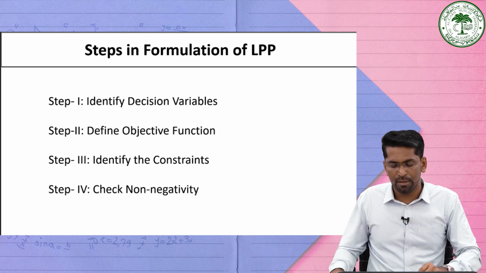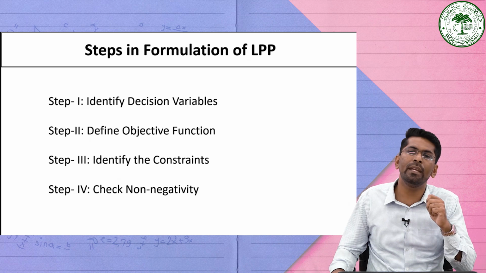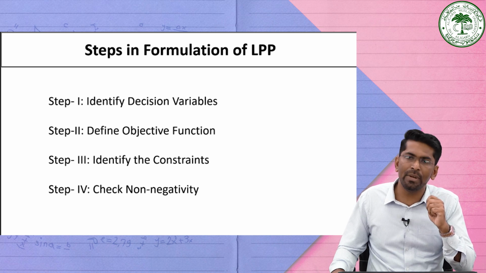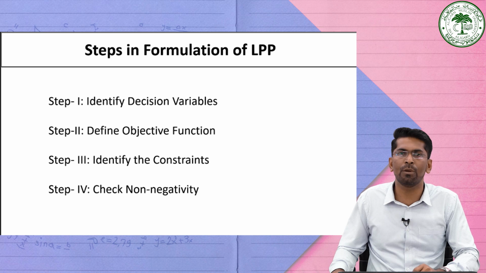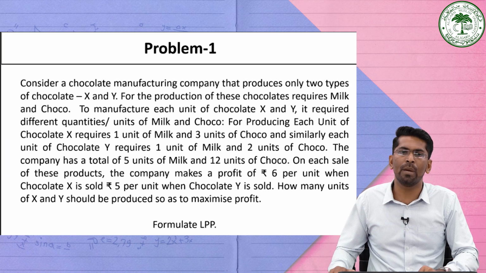Then we check non-negativity, that is, whether the decision variables are constrained to non-negative values or not. If so, we add the non-negativity constraint, generally assuming that the variable is greater than or equal to 0. So these are the general steps in the formulation of a linear programming problem.